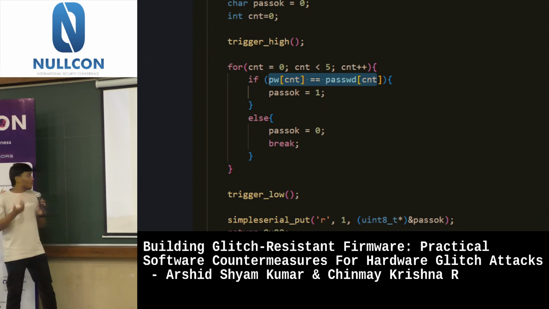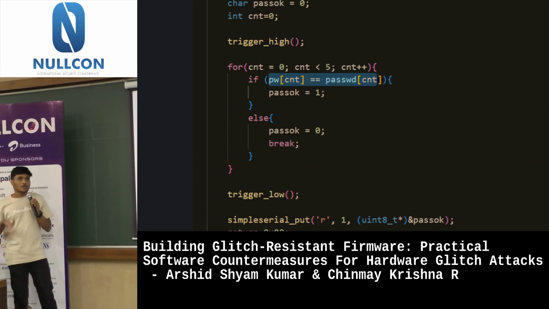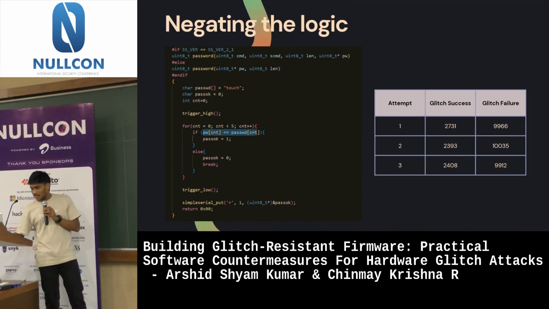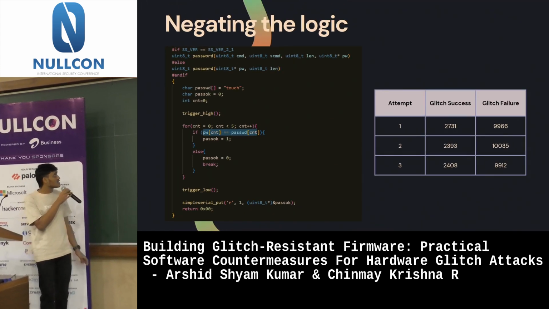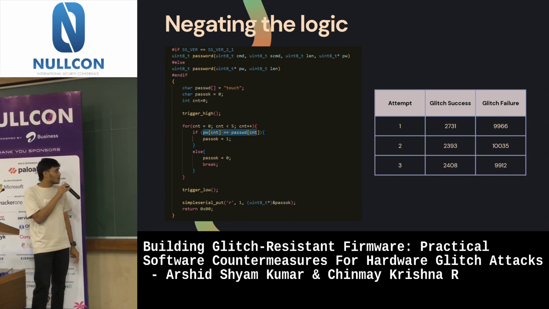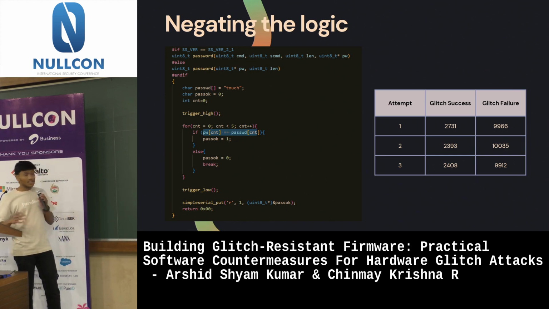And if the password key is 1, that basically fools the system into thinking you have entered the correct password. That is a possible explanation for why simply negating the logic of the way you write the password authentication code could cause a lot of issues and make it either much harder or much easier for the attacker to get into the system. So yes, the way you write code does matter.